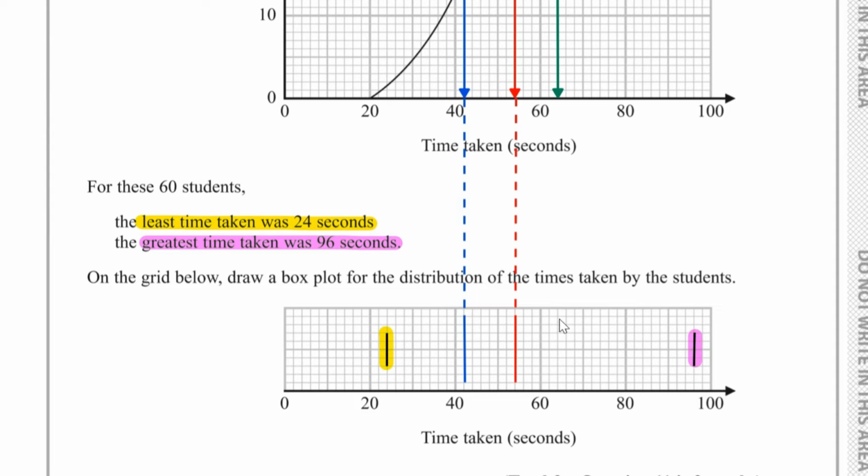So we have 64 here. And if we now join these up, like so, here is our completed box plot.